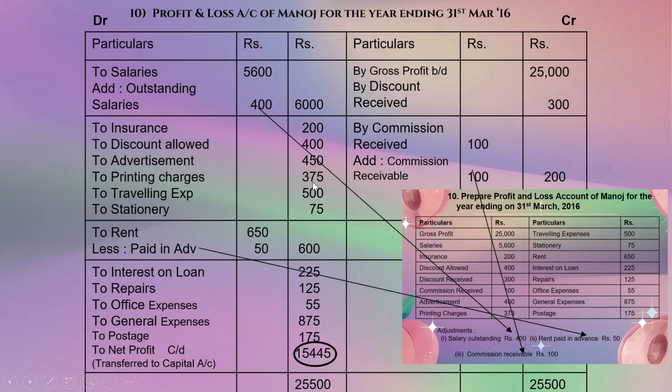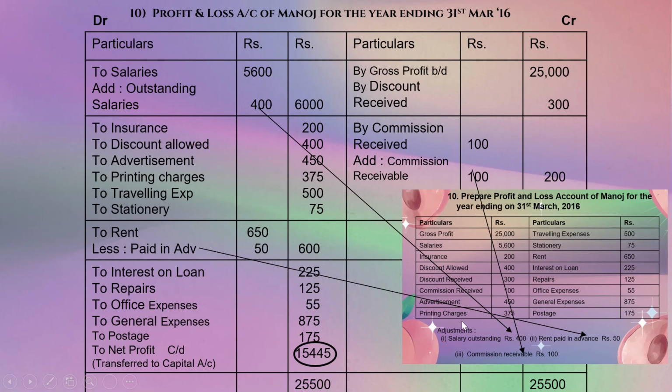As usual, you have to start with the gross profit, and all the income you have to write on the credit side, all the expenses on the debit side. See, salaries 5,600, it is given in the question, and in the adjustments they have given 400 as outstanding salary. You add insurance, discount allowed, the remaining expenses you record on the debit side.